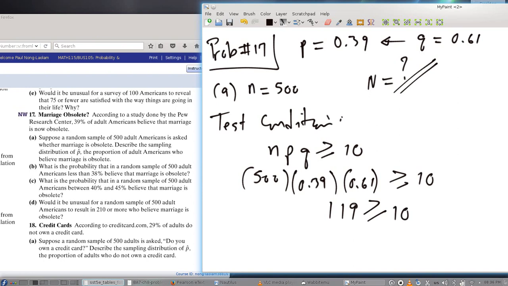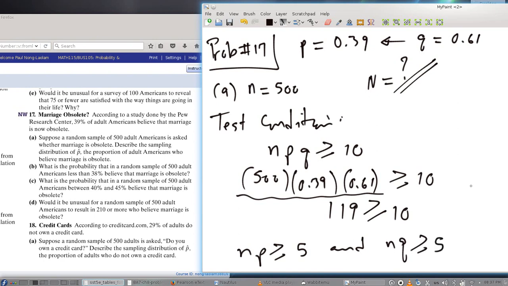Now suppose the product of these three quantities fails to satisfy this condition. You can move to the next test condition, which is n times p is at least 5 and, at the same time, n times q is also at least 5. This is what we call a minimum testing for the binomial property.